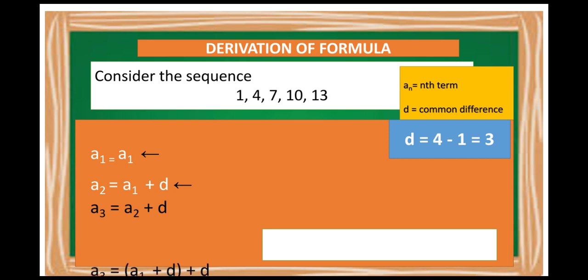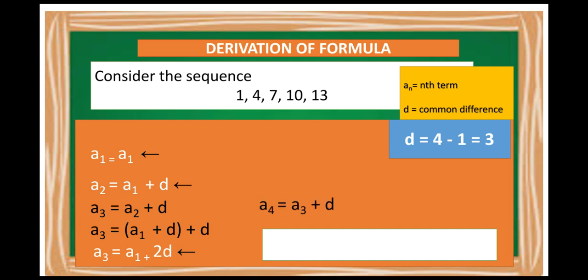So we can substitute that in, and we have this new equation: a sub 3 is equal to a sub 1 plus d plus d, and we can add the like terms d. So we have a sub 3 is equal to a sub 1 plus 2d. Moving on to the fourth term, or a sub 4, the same process: we add the third term, a sub 3, plus the common difference d.